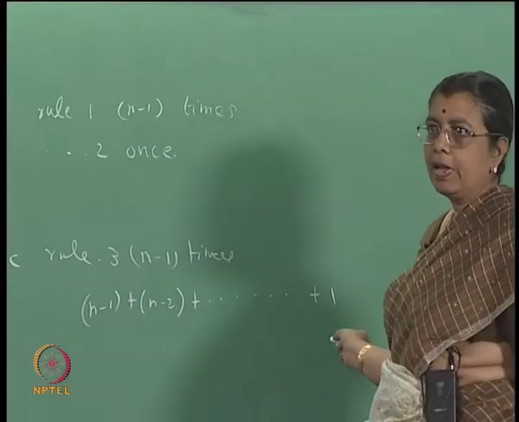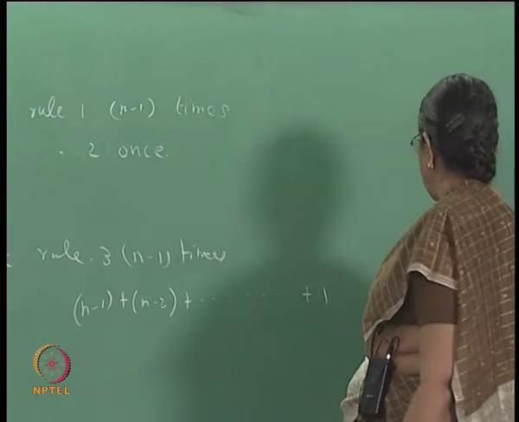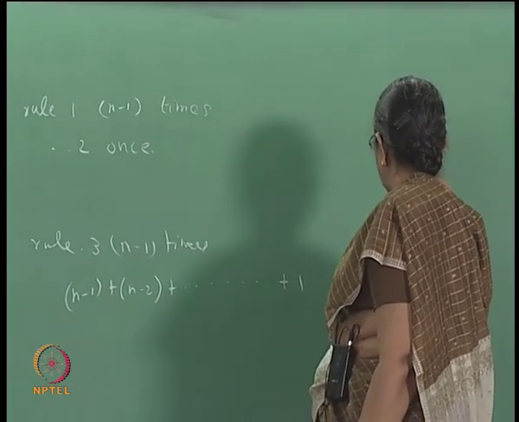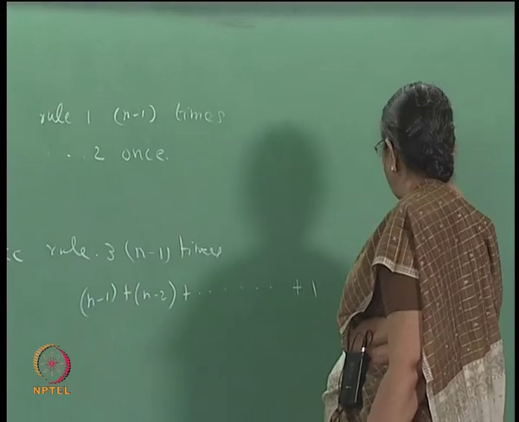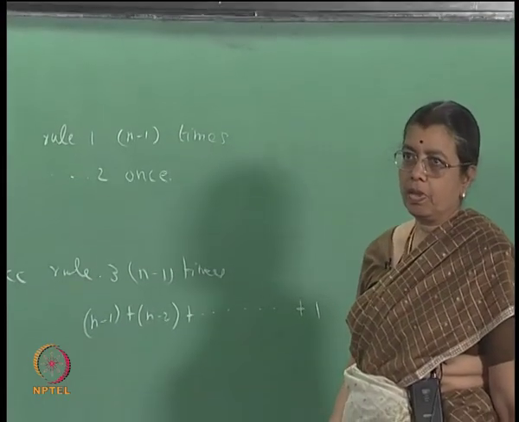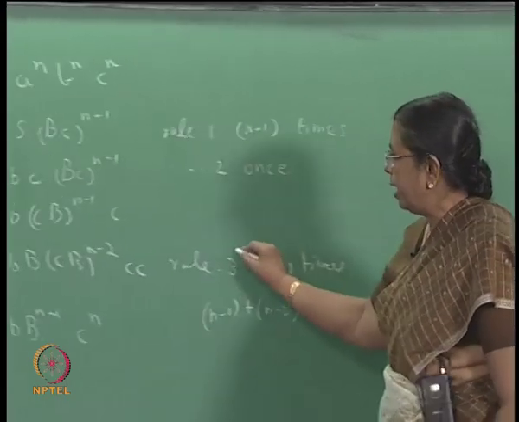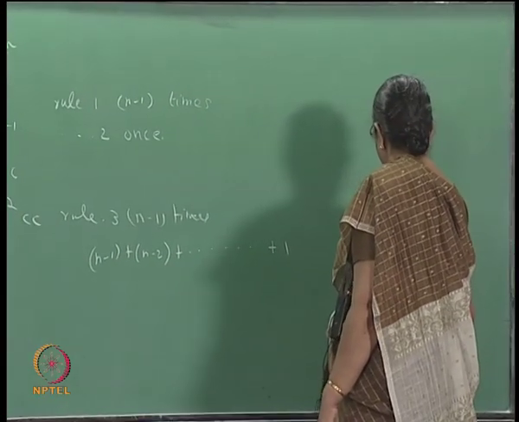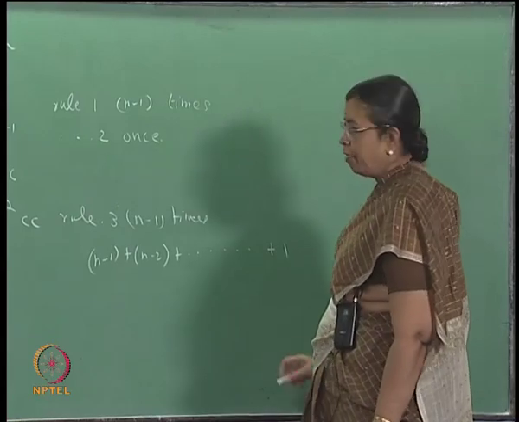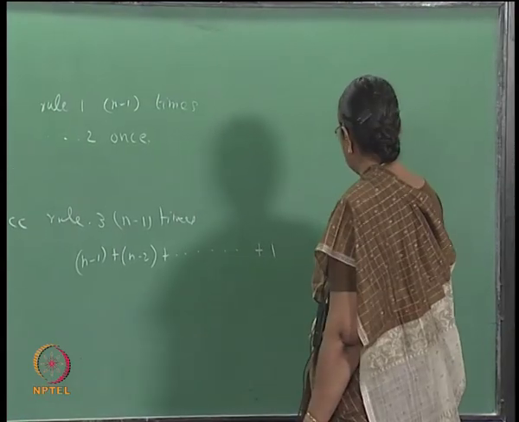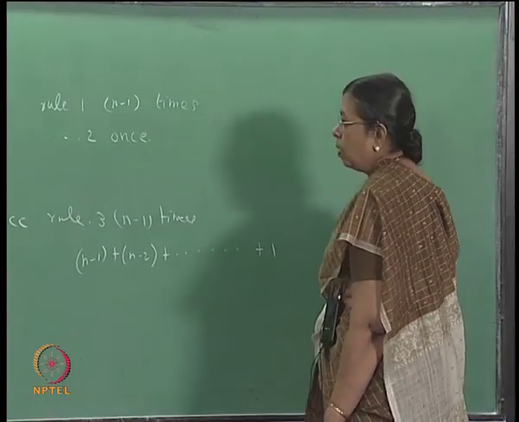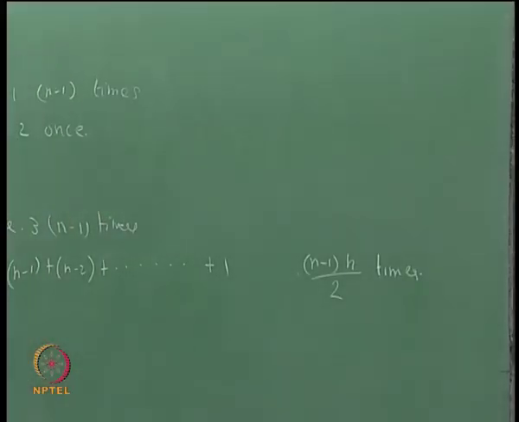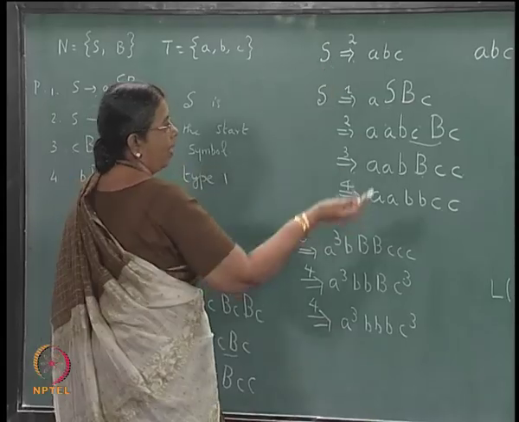What is this value? N minus 1 into n by 2. So, you would have applied rule 3 so many times. For example, when n is equal to 1, you do not apply that rule at all.